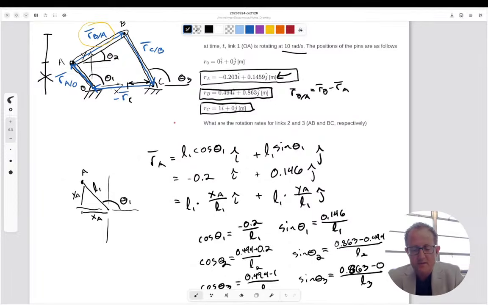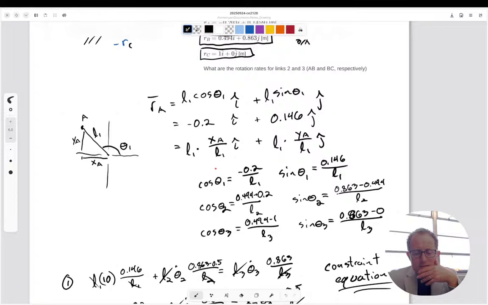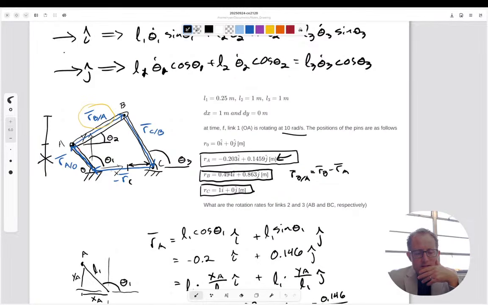because that's the hypotenuse. Cosine theta 3, so getting back to B should be 0.494 minus 1. That's how far back I need to go. And then this is 0.863. So when I bring, so the cosine components are negative and negative.